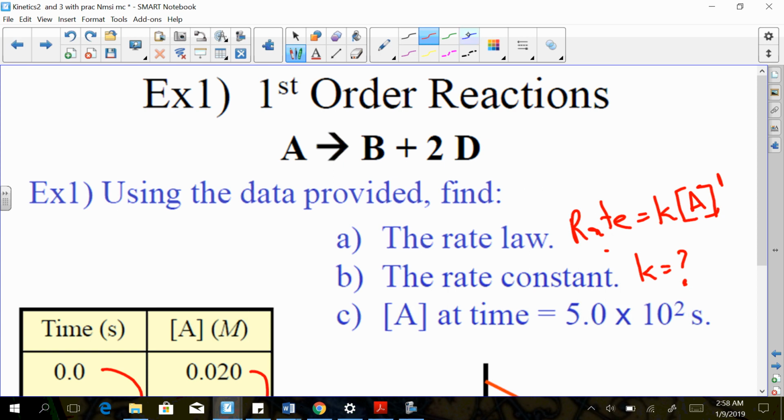Rate is always molarity per second and A is always molarity. If you solve for K, you're going to have 1 over seconds to have molarity over seconds on both sides. So that's probably the best way to figure out the units for the rate constant.